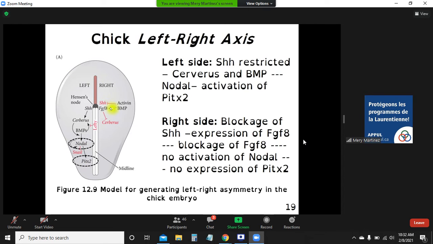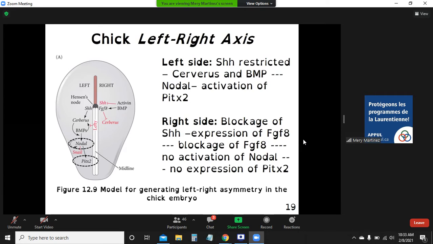In the right side of the embryo, activin and BMP, the BMP here is BMP4, okay, blocks the expression of Sonic hedgehog, but not necessarily the expression of FGF8. FGF8 then blocks the expression of Cerberus, and if there is no Cerberus in here, there is no activation of nodal or PITX2.